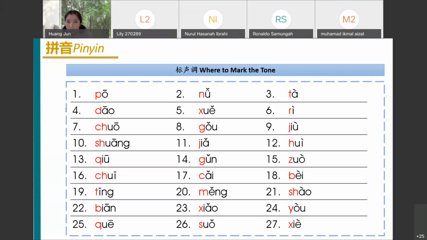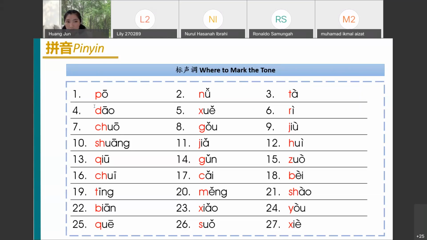Then if we are already clear on how to find the initial and how to mark the tone, I'd like to ask you another question. Look at the syllables, look at exercise number 10. In the syllable 双, we know the initial is sh, 诗. What is the final of this syllable?